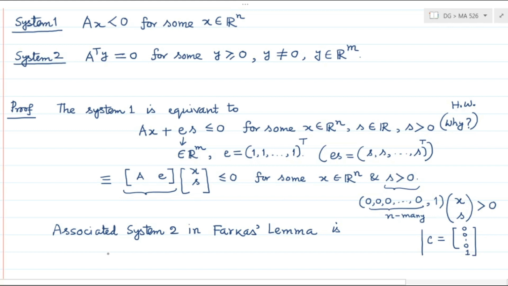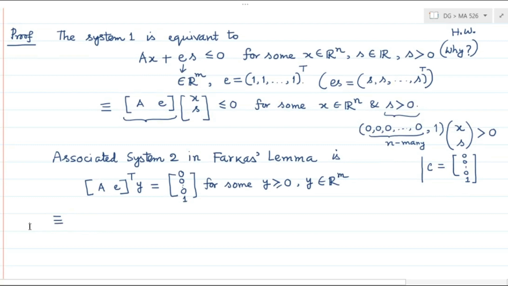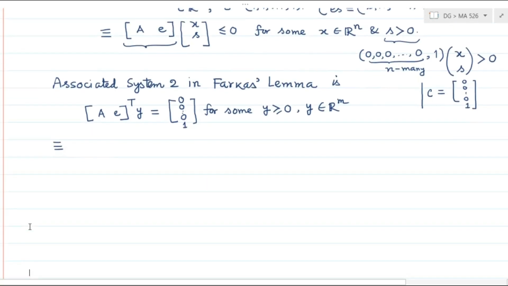The corresponding system 2 in the Farkas lemma is A transpose y is equal to C for some y greater than or equal to 0 and y belonging to Rm. That is your system 2 in Farkas lemma, right? Let us try to write the equivalent system.